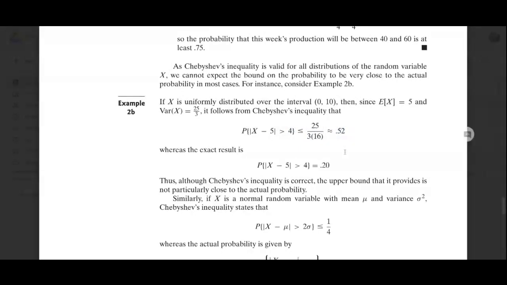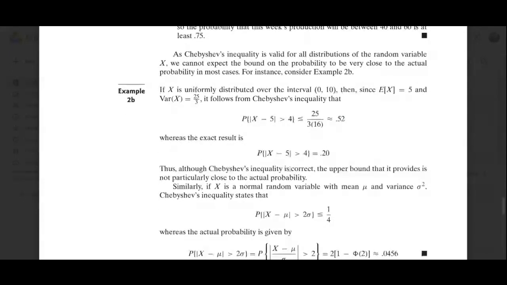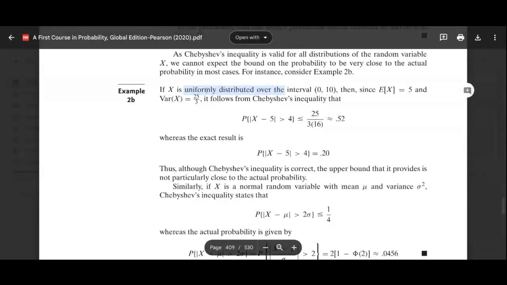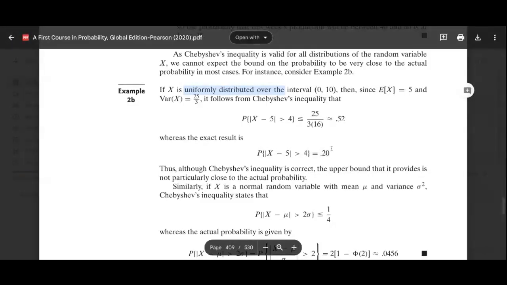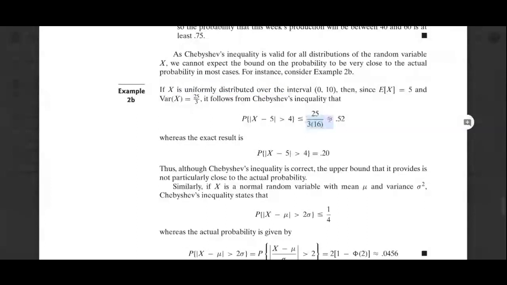So that's about 0.52. But the exact result that can be calculated in this case, for |X minus 5| greater than 4, is 0.20 because it's a uniform distribution. So you can see those two are kind of far apart. If we use Chebyshev, we get 0.52, but to calculate it exactly, it's 0.20.